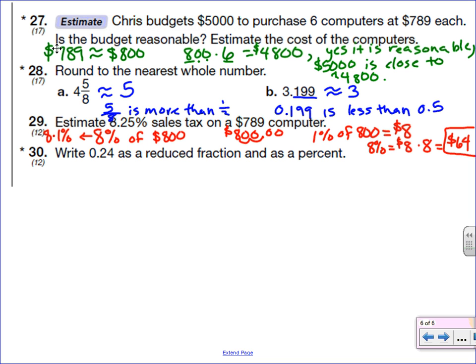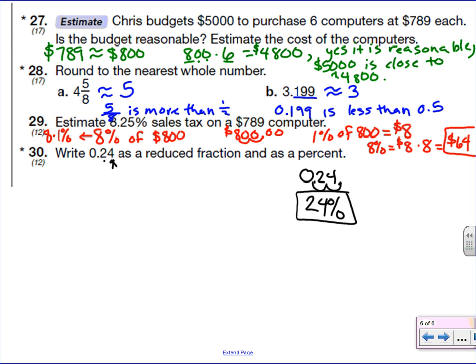And then the last one, write 0.24 as a reduced fraction and as a percent. Well, percent is easy. If I have the decimal 0.24, to figure out percent, I move the decimal place 2 places to the right. So 0.24 as a percent is 24%. And then as a fraction, the 4 ends in the hundredths place, the tenths is the 2, the hundredths is the 4.